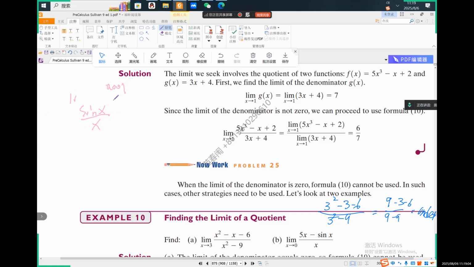I can check it by graphing later, but now I can use factorization. The numerator is x minus 3 and x plus 2, and the denominator is x plus 3 and x minus 3. I can simplify this and get x plus 2 over x plus 3. In there, I do have a limit, right?